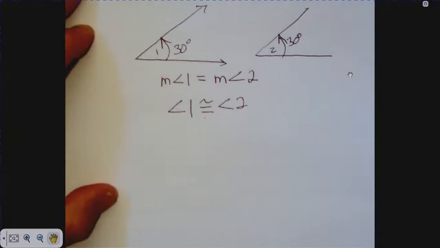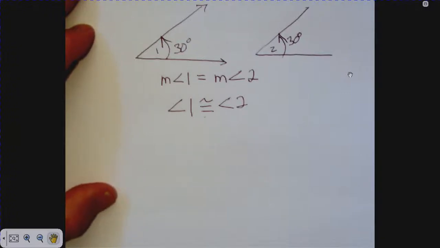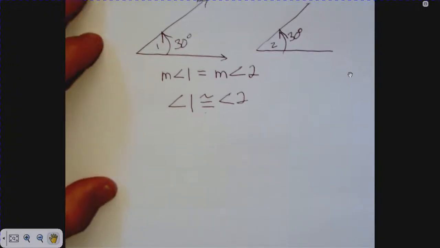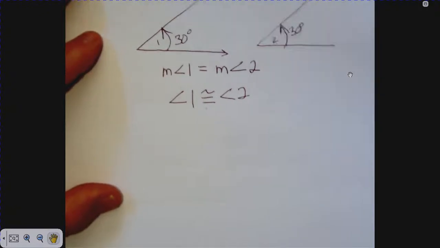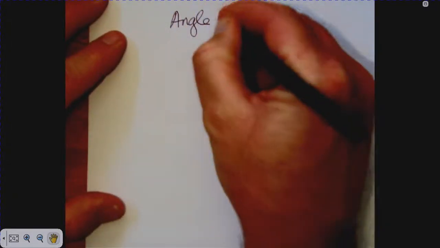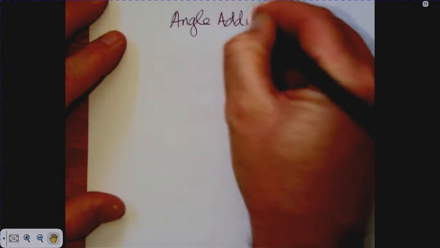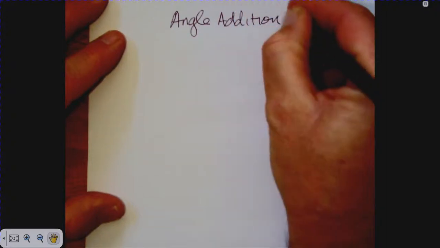The next part we have is on page 38. We have another postulate, and we call this the angle addition postulate.